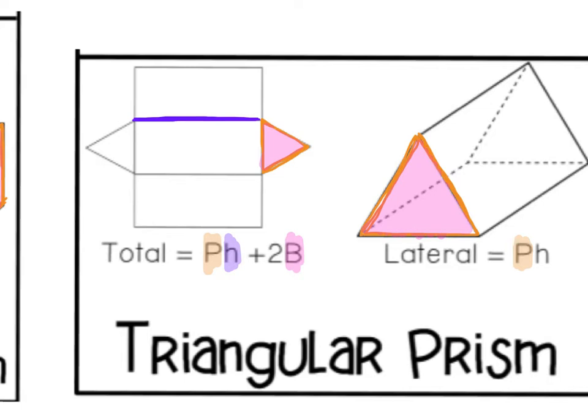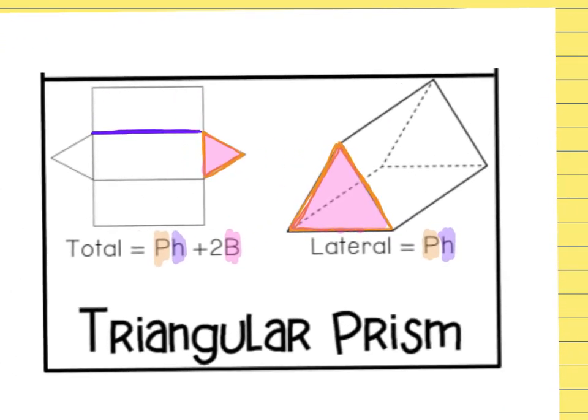And then the letter H, height of the prism. That is the line that is connecting the two bases together. It could be on the top, it could be on the side, but it's the line that's connecting the two triangles together.